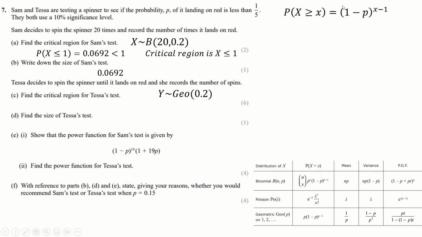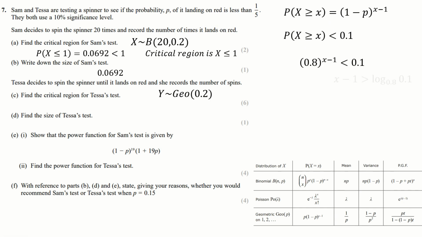And this is a super useful result, again, that I would recommend that you just know because it's not in the formula book. And we're going to use it twice in the next 5 minutes. So for some number of spins, we want to wait that long such that the probability of that is less than 0.1 because that's the critical region. And of course, what we can do is substitute this idea into here with p is 0.2, which gives you 0.8 to that.